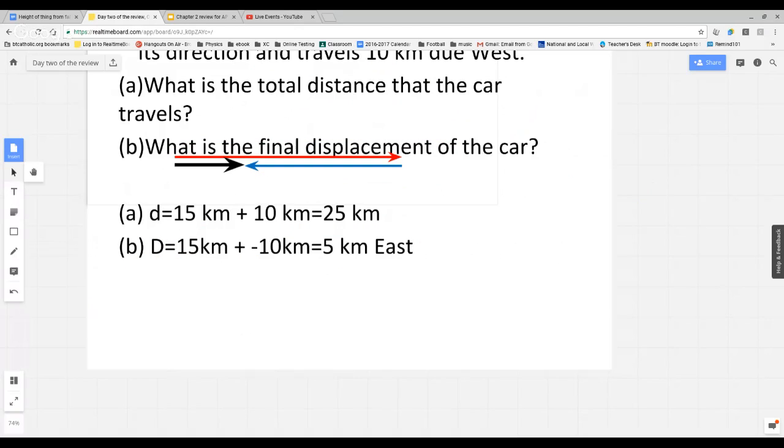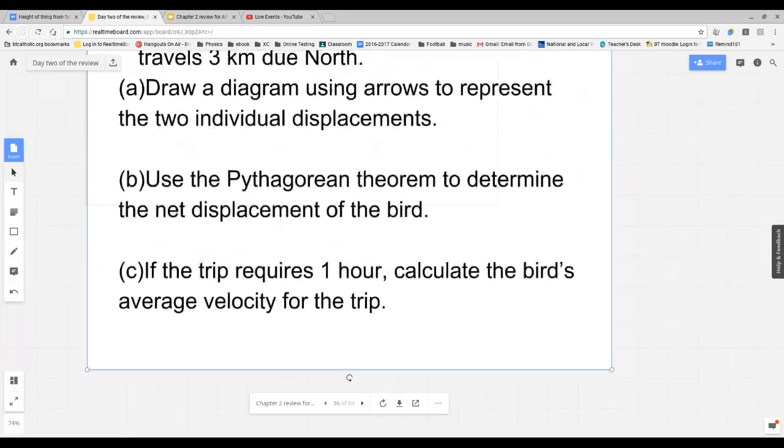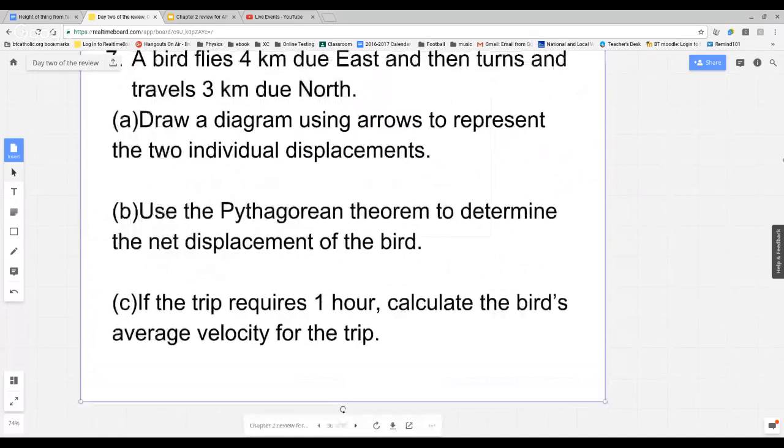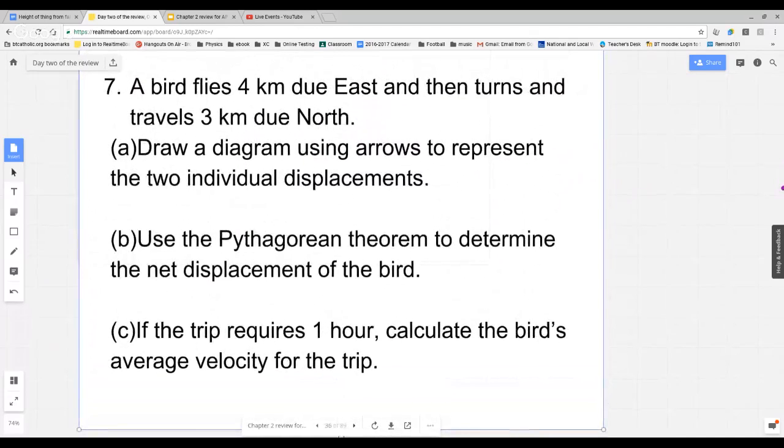All right, oh, can't see. There's a bird, and it went 4 east, and then it turned and it went 3 north. East and north don't get along either, and they're not in the same x and y. There is an x and a y. So there's a triangle. Nice. Throwback to last chapter.